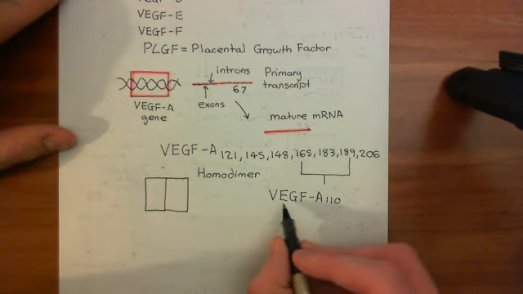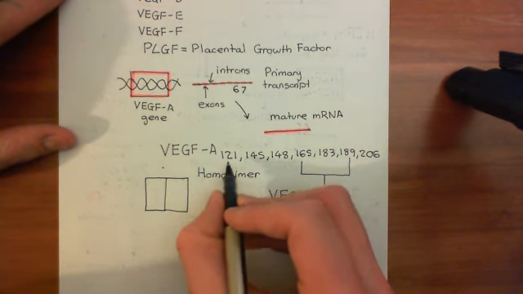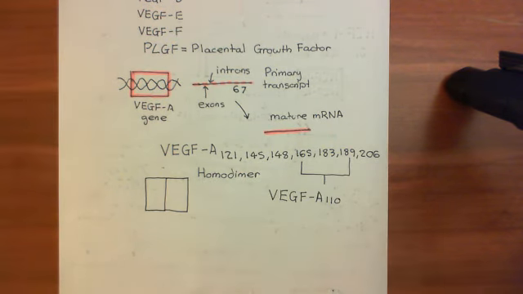You don't find VEGF-A 110 bound with VEGF-A 121. You find homodimers, basically. So VEGF-A, whichever isoform we're talking about, it doesn't function on its own. It always dimerizes with an identical protein to itself. And then you have this homodimer, and that homodimer is then going to function.